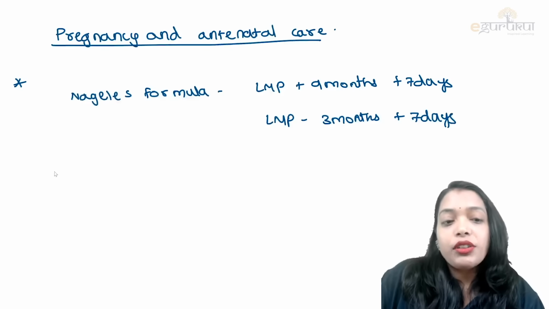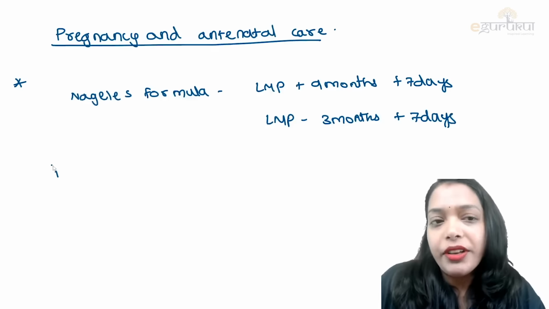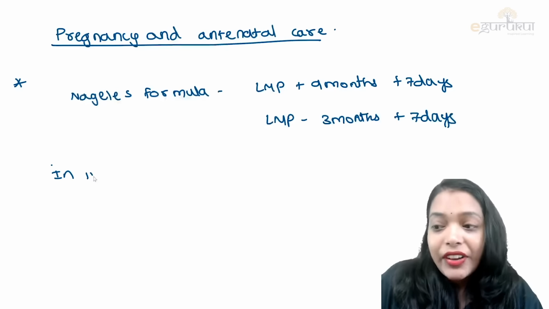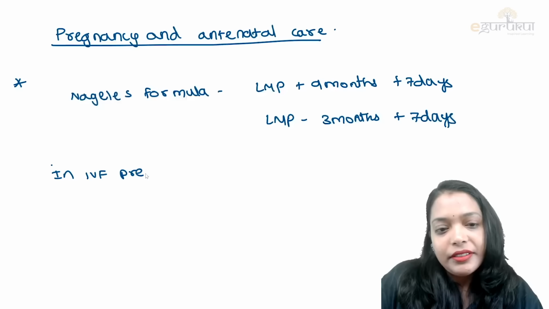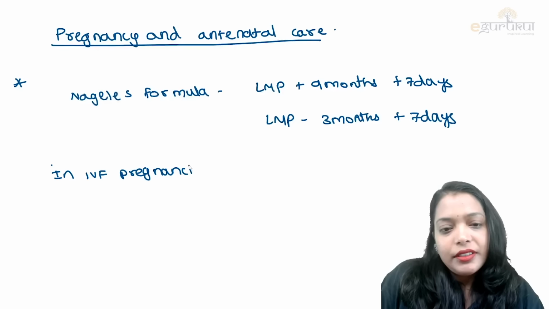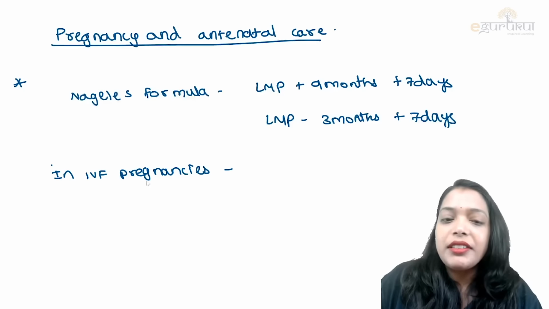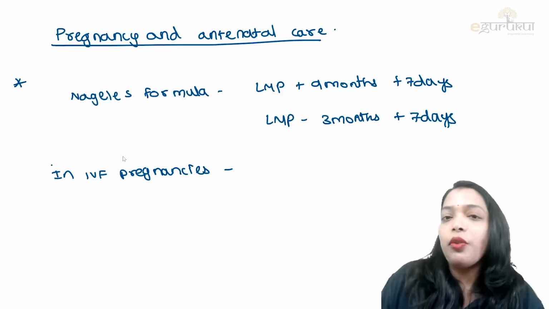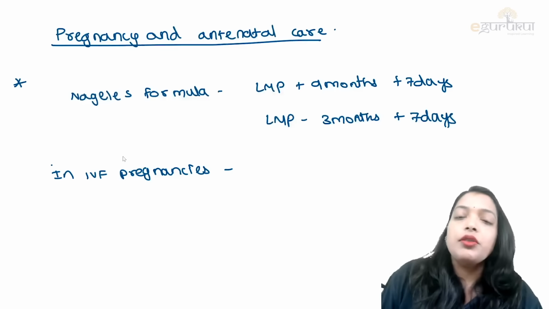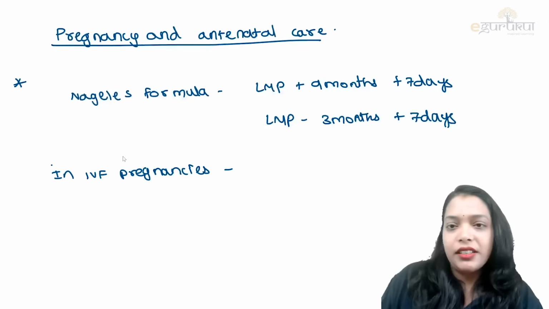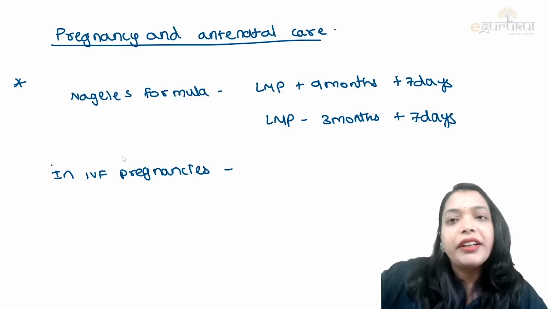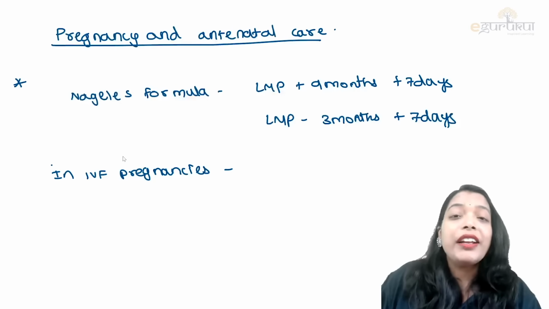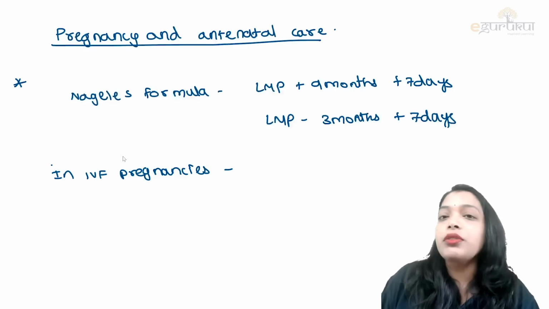Now, he also mentions how we are supposed to check for the expected date of delivery in IVF pregnancies. Basically we all know that there is ovulatory age and gestational age. Gestational age is 280 days, that is from the LMP till the expected date of delivery. Ovulatory age means you minus that 14, 266 days.